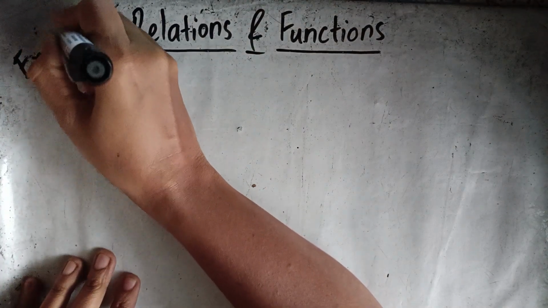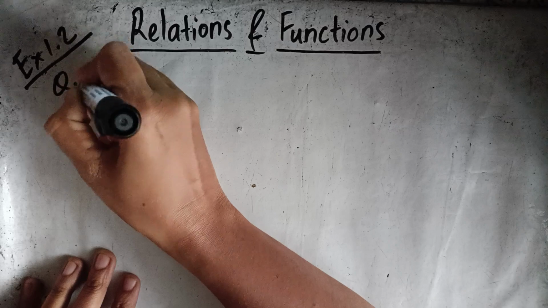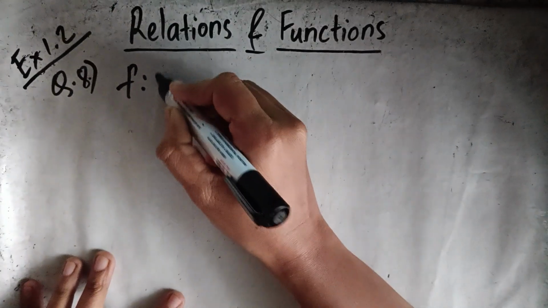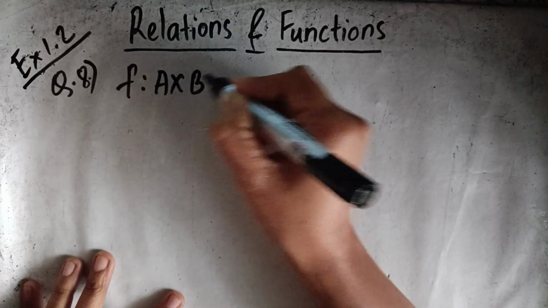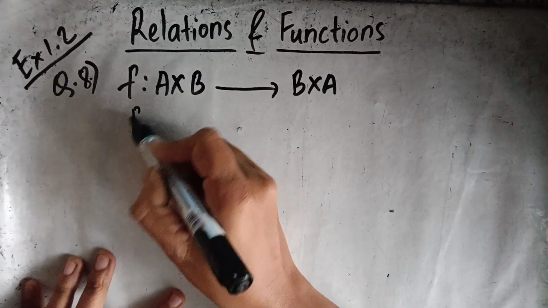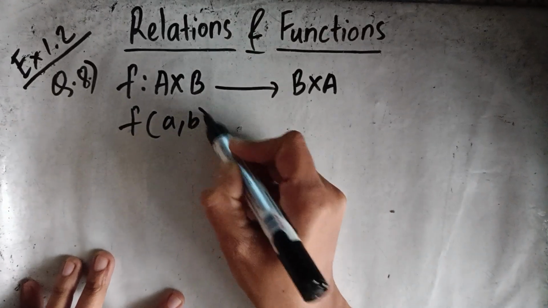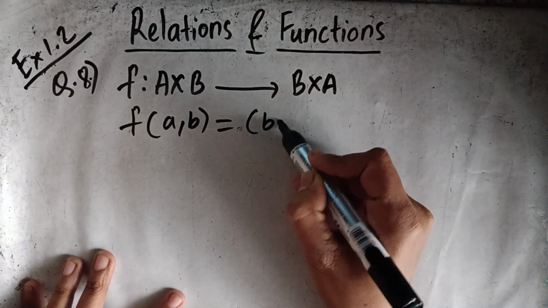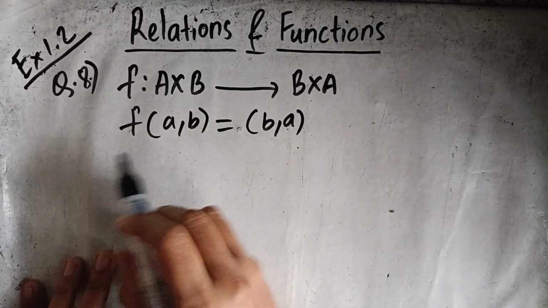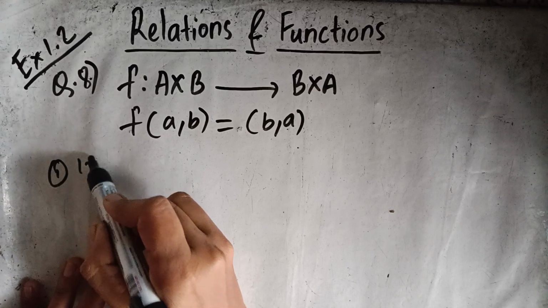Exercise 1.2 question 8. So the function is defined from A cross B to B cross A. So f of (a, b) is (b, a). So let's consider two elements to show one-one.